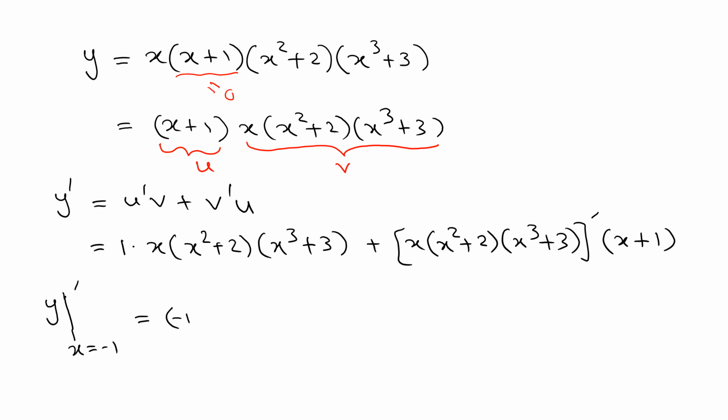The first term will be 1 times, when you square -1 it is 1, so 1 plus 2, and when you cube -1 it is -1, plus 3, so that final term is 2. The second term I'm not going to substitute because we don't know the derivative yet, so we just leave it like that.